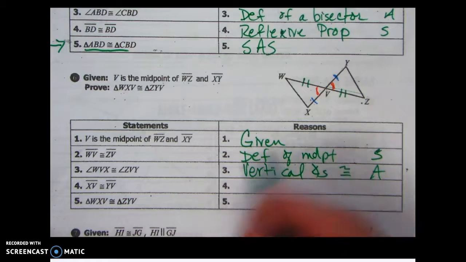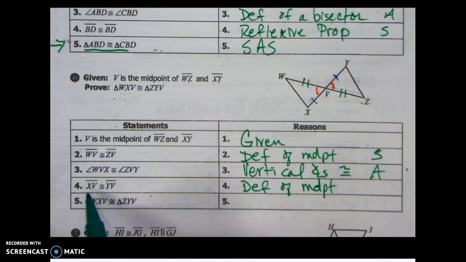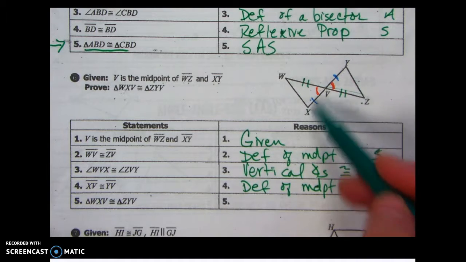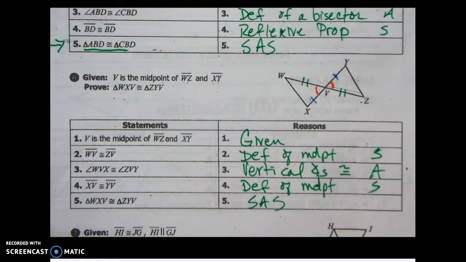And that again was definition of midpoint. XV is congruent to YV, so that was these ones. And that's our last part that we needed. So now we have the side angle side, and then we just put that there.